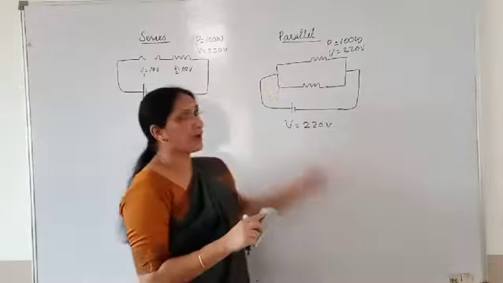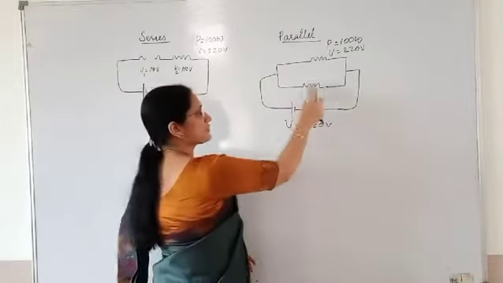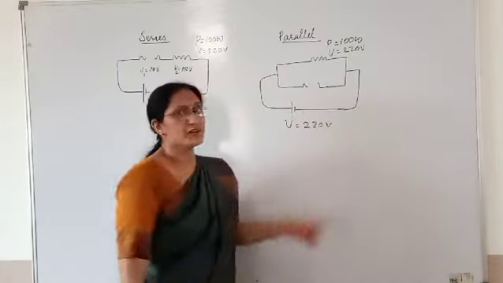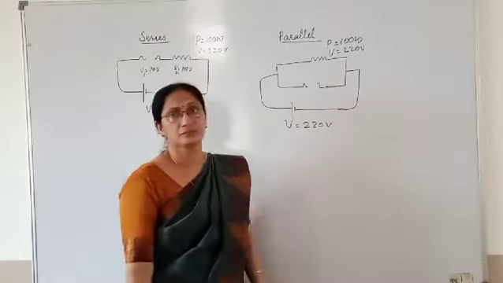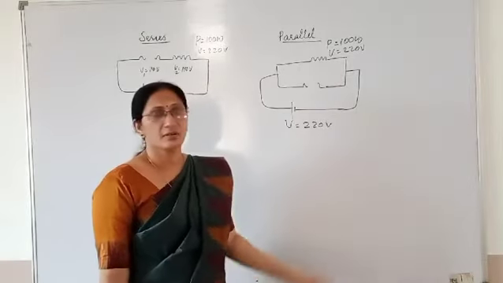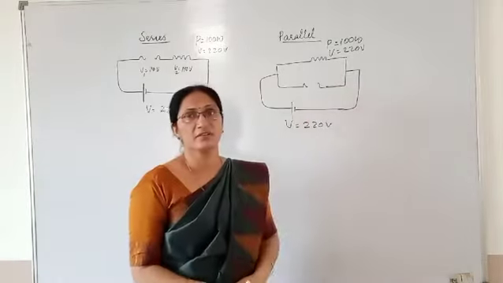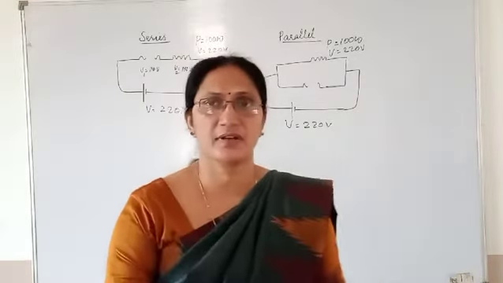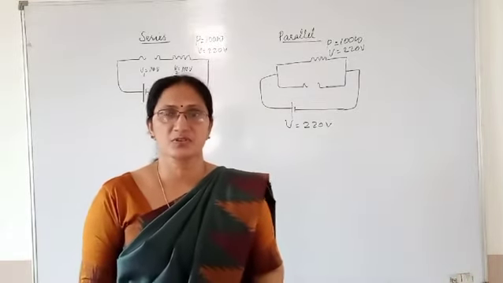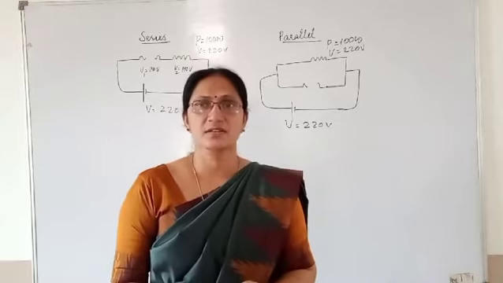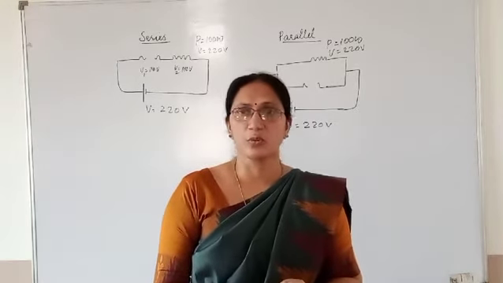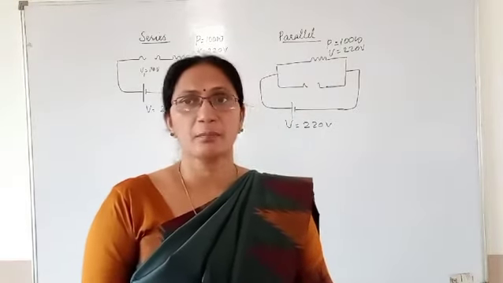What about the parallel combination? Suppose this bulb gets damaged. Will it affect the working of the other bulb? Never. That means in parallel combination, the devices can function independently. They can have separate switches. Because of these reasons, the different appliances at home are always connected in parallel.